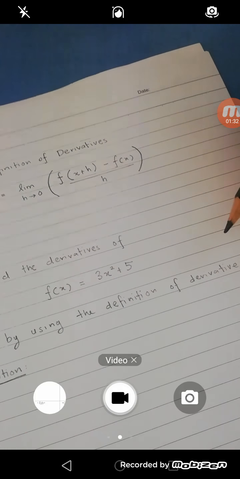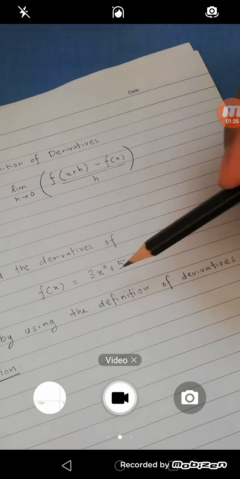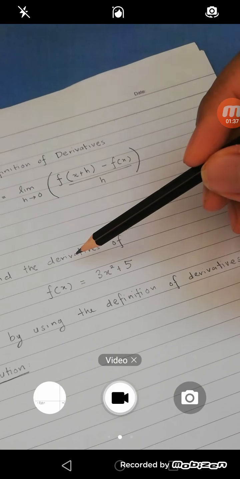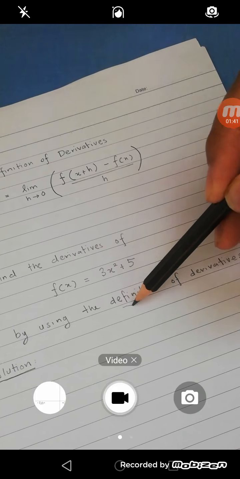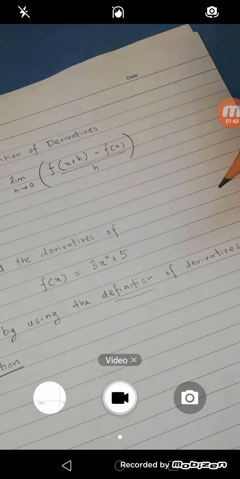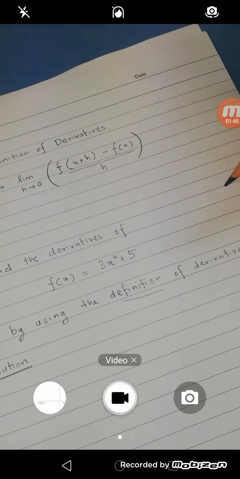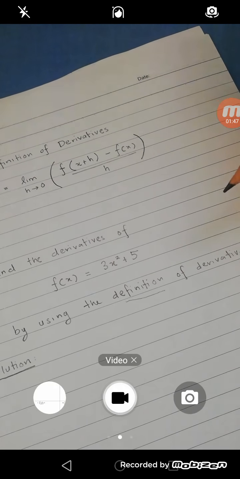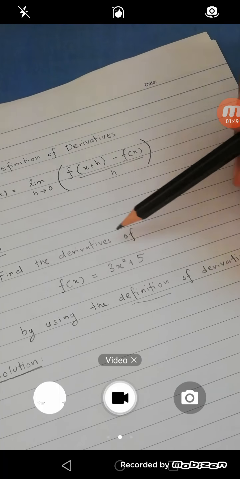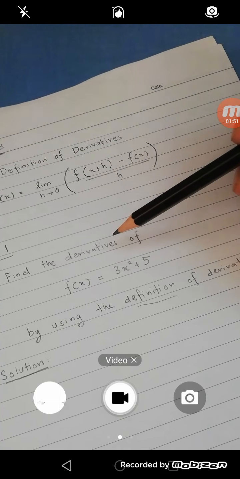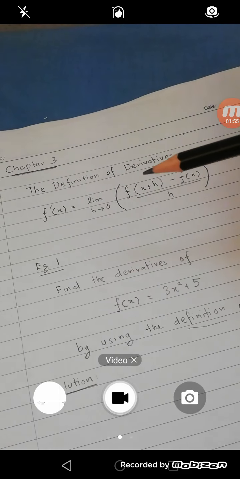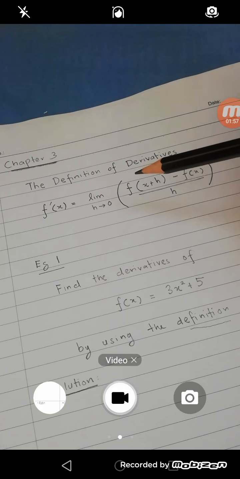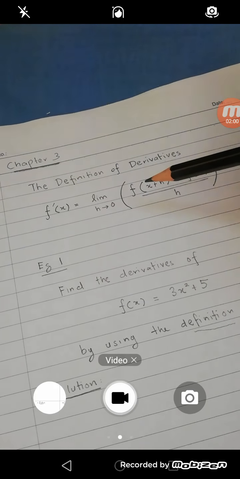The concern here is you need to find the derivative, and you must use the definition. I underline the word definition there. So when you are asked this question, we are going to use this formula.